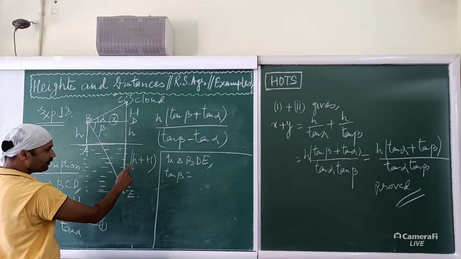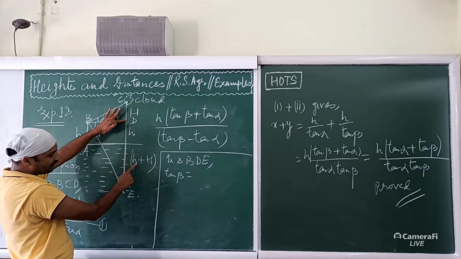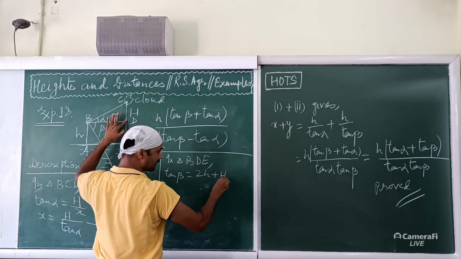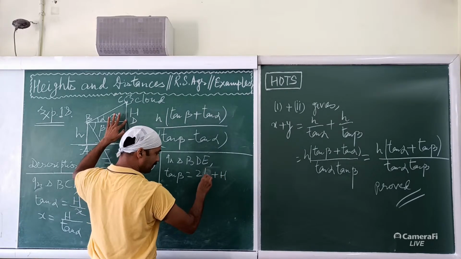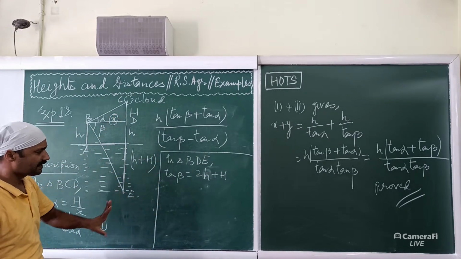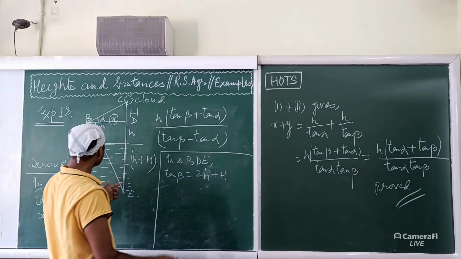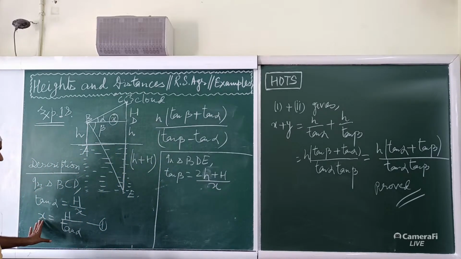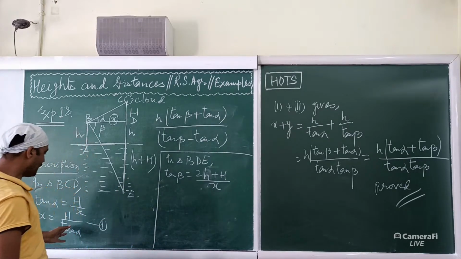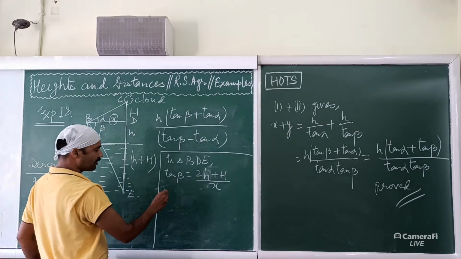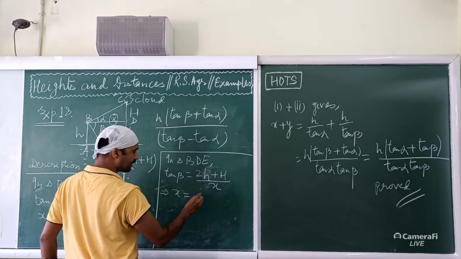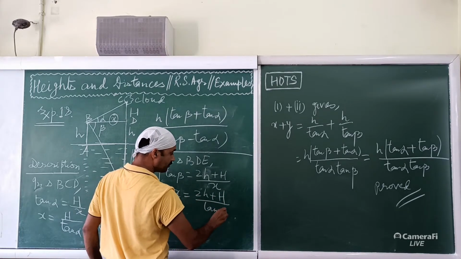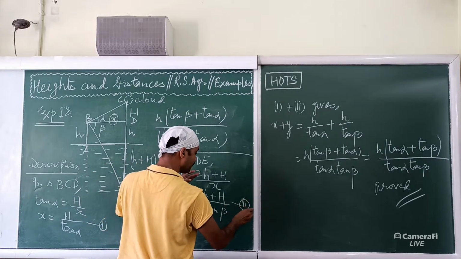The whole perpendicular distance is h plus h plus H, so it will be 2h plus H. Base is x. Here also we are getting x, so x equals (2h plus H) by tan beta. Clear? This is relation number 2.